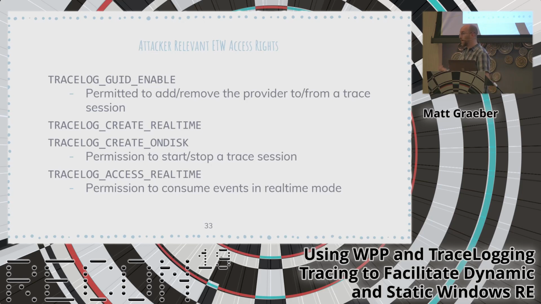So from a tampering perspective, if I was granted too much access to the event log application trace session, and I could remove the providers from there as an unprivileged user, that would be bad, okay? TraceLog create real-time and on disk permit you to start and stop a trace session. And TraceLog access real-time allows you to consume events in real-time mode.